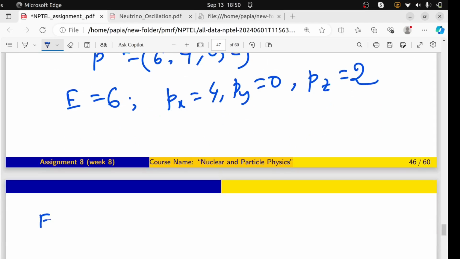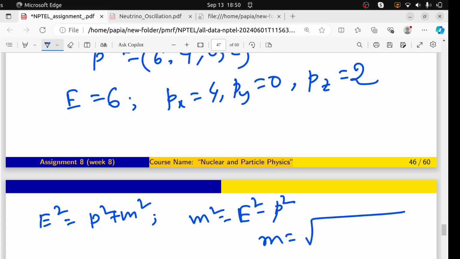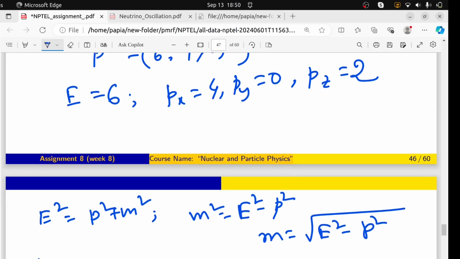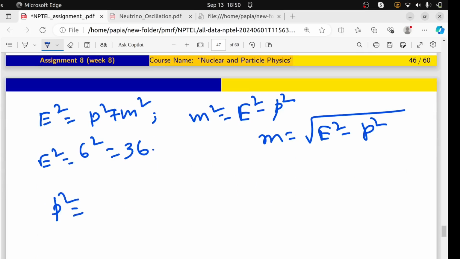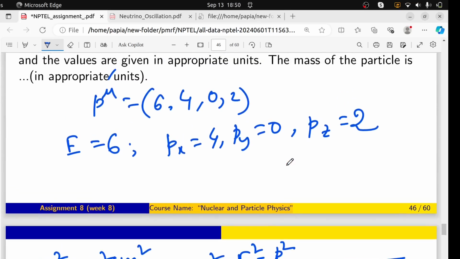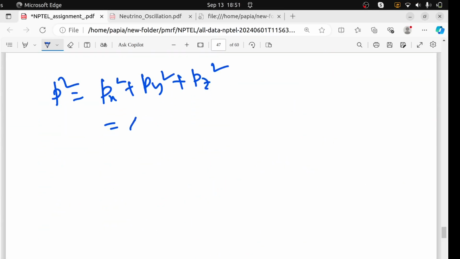Now mass. For mass, E square equals P square plus m square. M square will be E square minus P square, and m will be root over E square minus P square. Now E square is how much? 6 square, 36. P square is Px square plus Py square plus Pz square, which is 4 square, 0 square, 2 square.